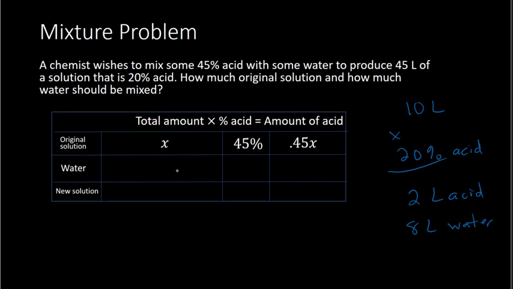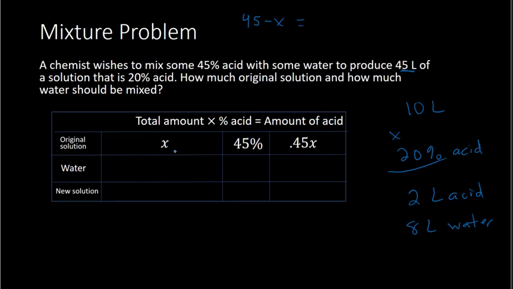Now for the water row, we know that we are mixing together to get 45 liters total. So the new solution is going to be 45, right? So that will go there in a moment. Whatever the original solution is, if we subtract that from 45, that's going to give me the amount of water, right?